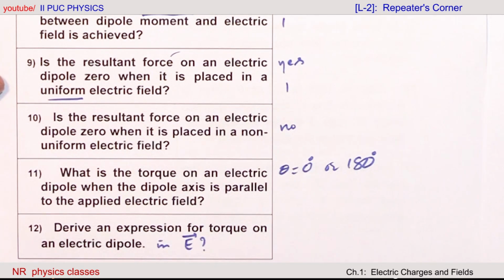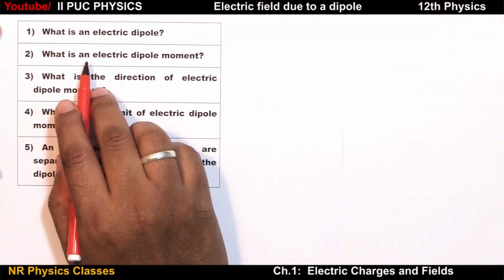It should be there. This can be asked for 3, 4 or 5 marks. If asked for 5 marks, they will also ask you to discuss with respect to angles 0, 90 and 180. Probable questions.